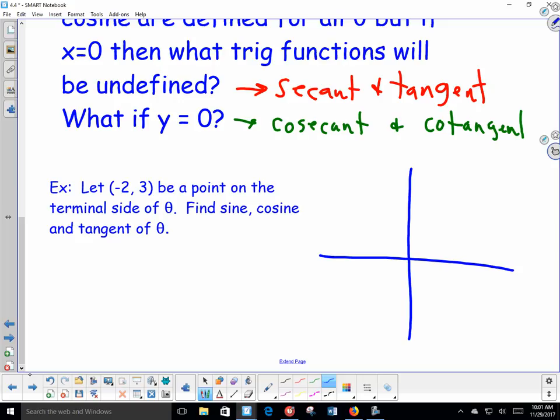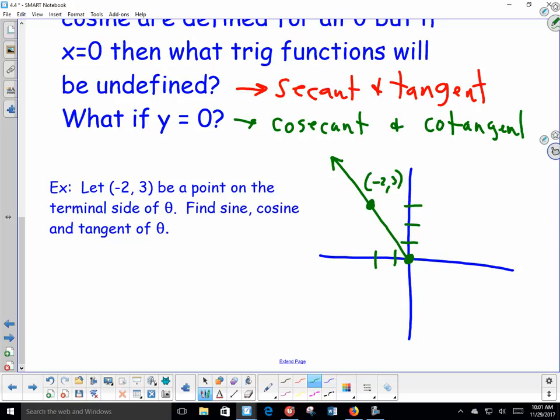We are going to plot (-2, 3). So (-2, 3) is right here, and that is on the terminal side of the angle. So from (0, 0), we need a line going through (-2, 3).